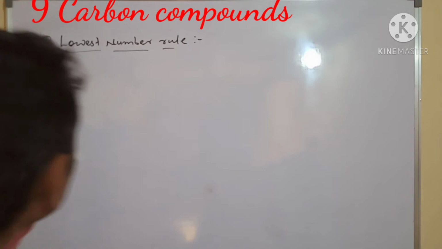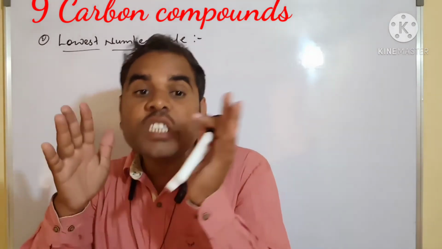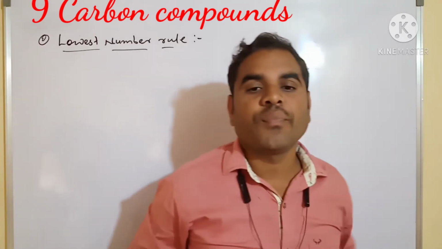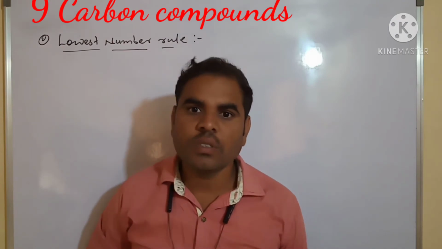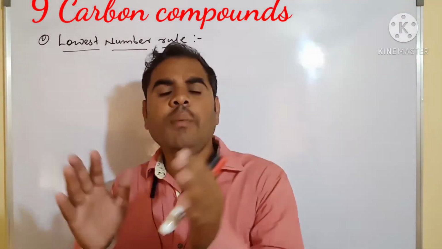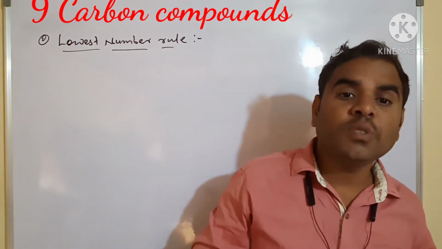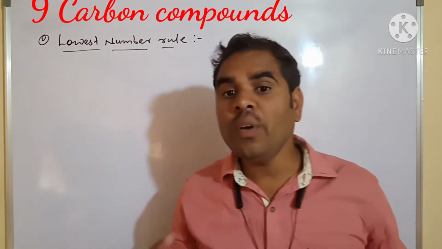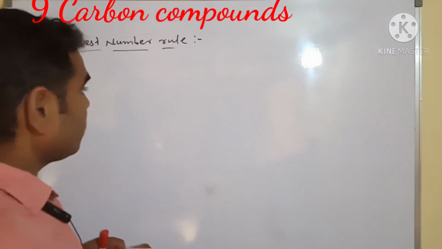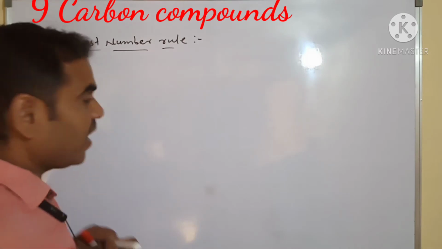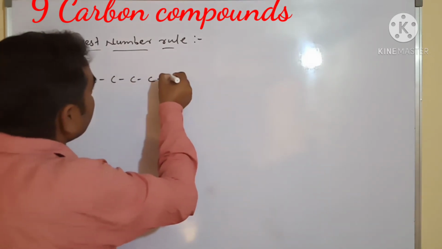Next one is the lowest number rule. For a carbon compound which contains only one substituent, number the carbon atoms in such a way that the carbon atom carrying the substituent gets the lowest number. I already said this. Here is pentane.